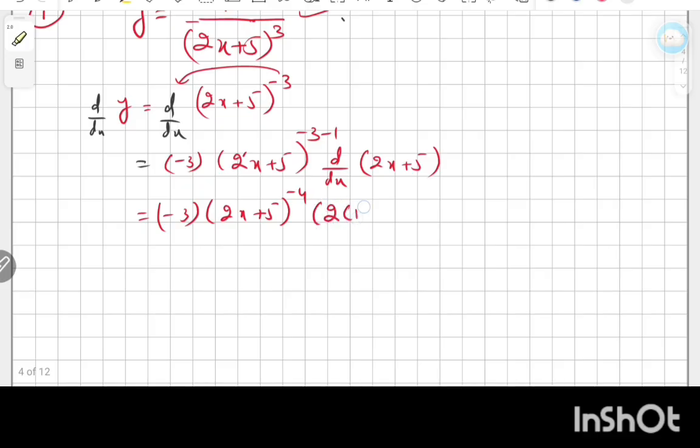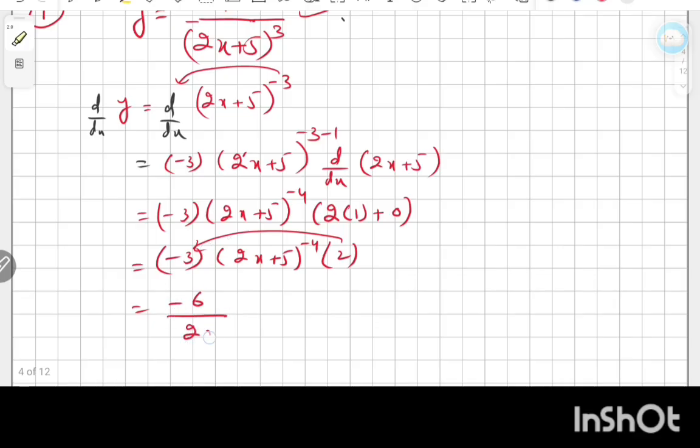So minus 3 (2x plus 5) to the power minus 4, and the derivative is 2, since the derivative of x is 1 and the constant 5 has derivative 0. So minus 3 times 2 is minus 6, divided by (2x plus 5) to the power 4.